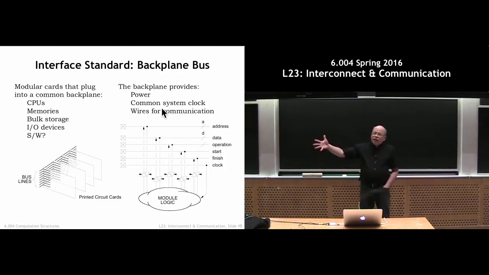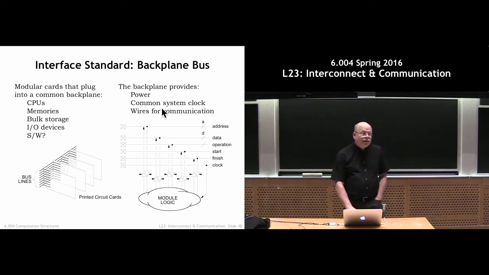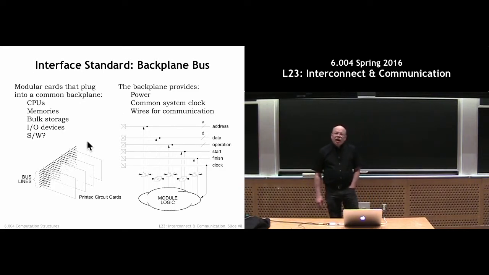So, the initial scheme was from back when wires were short compared to the system times. Back when things ran at 10 megahertz, which is 100 nanoseconds, something that's this long is only a nanosecond or so.